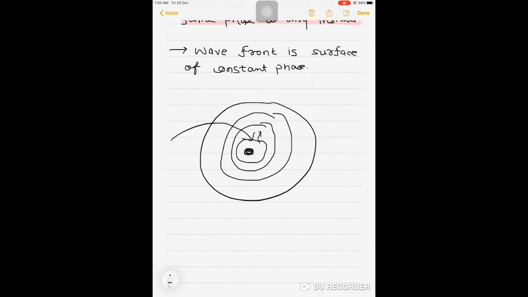So as long as the impact is continuous, new wavefronts keep emerging. The wavefronts moving outward from the source with a speed, that is called the phase speed. These are the basic concepts behind wavefront.